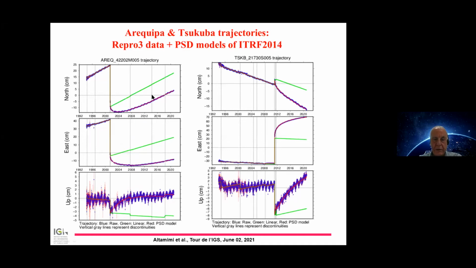What I am illustrating here, you have in blue the original raw data, the time series, in green the linear velocity, and in red, if you see that, the post-seismic deformation models from the ITRF 2014. And you see how nicely these models fit the extended data of ITRF 2020 from Repro3 data. But again, although we have a nice fit to the new series, these models will be refined. As I said, Paul is working on that.